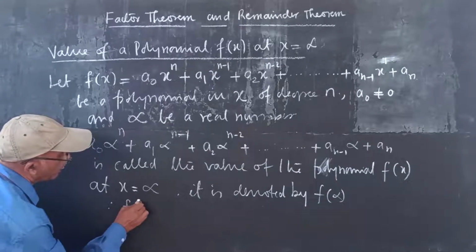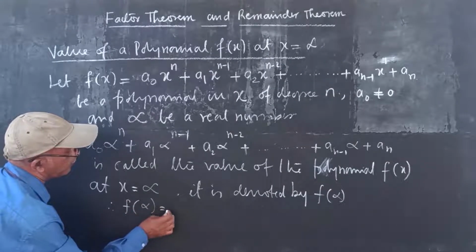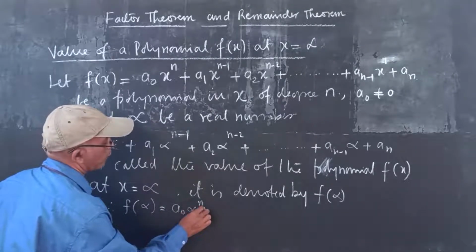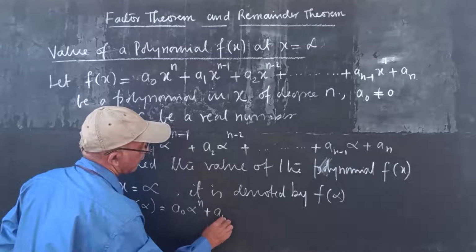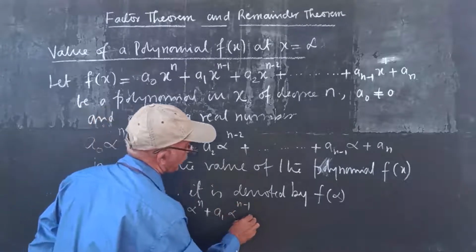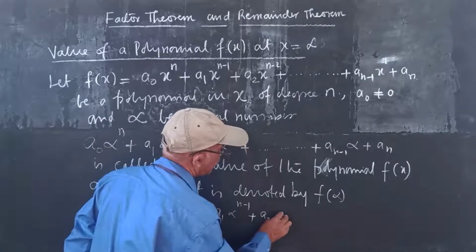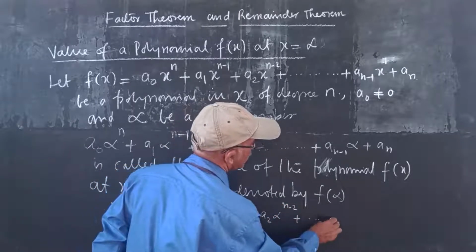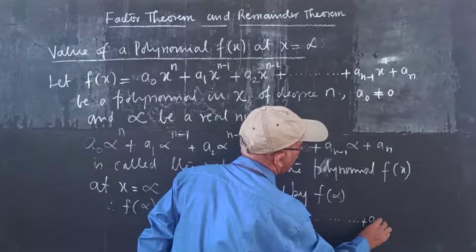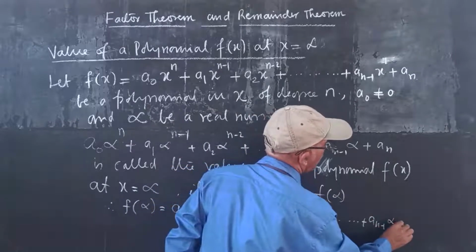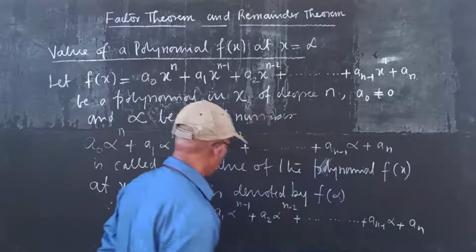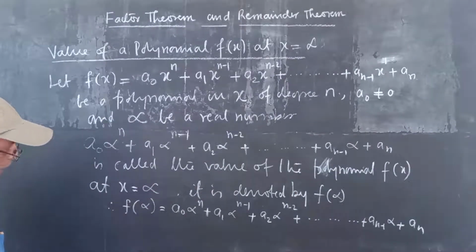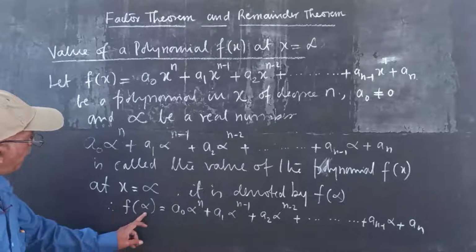Therefore, f of alpha is equal to a naught alpha to the power of n plus a1 alpha to the power of n minus 1 plus a2 alpha to the power of n minus 2 plus etc., plus an minus 1 alpha plus an. This is the value of the polynomial and this is denoted by f alpha.